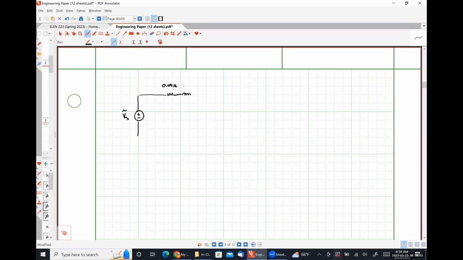I have a 0.05 ohm resistance in series with a 0.2 ohm inductance. So this represents the impedance of my transmission line that is connecting my voltage source to my loads. And I'm going to have a composite load here. That just means I'm going to have a couple of loads connected in parallel.